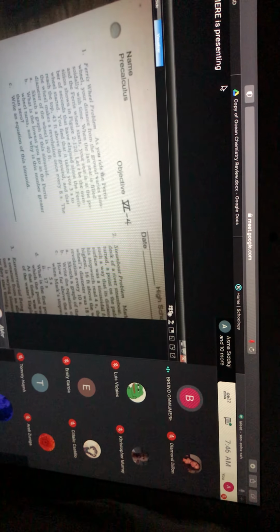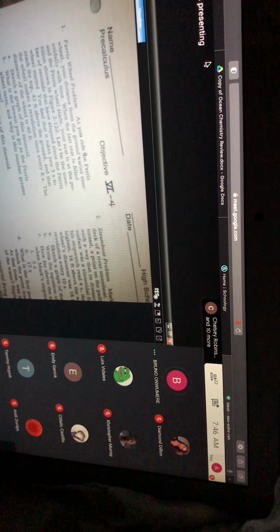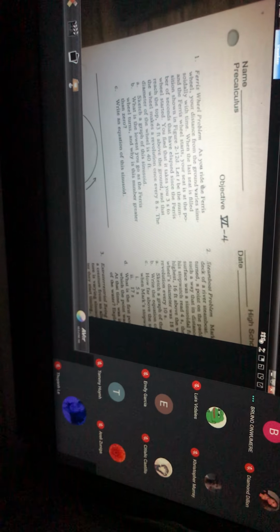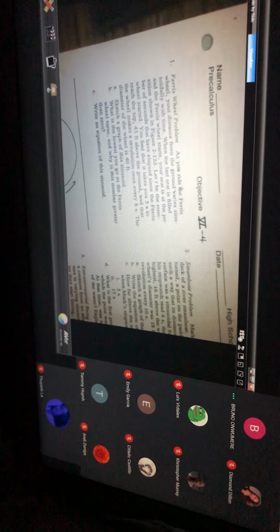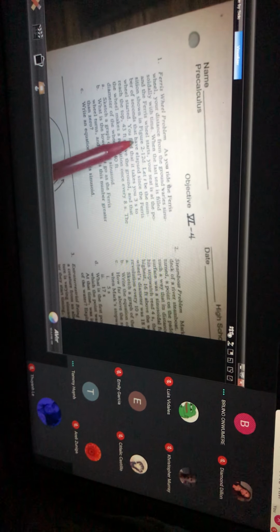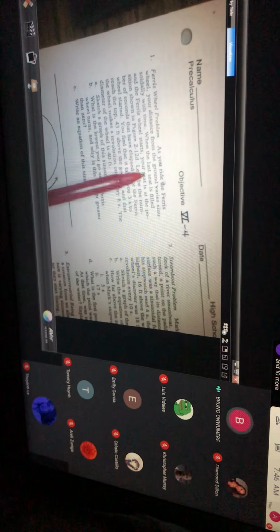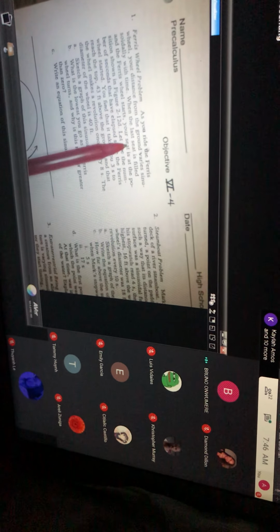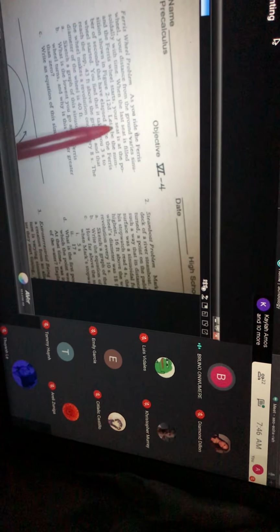Please take a note of it or take a picture of the statements, quickly. 43 feet. The maximum is 43.